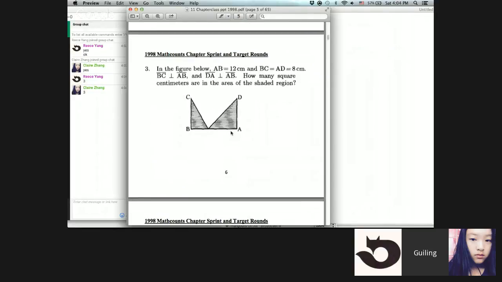Let's get that. In the figure below, AB equals 25, BC equals AD equals 8. So how many square centimeters are in the area of the shaded region?